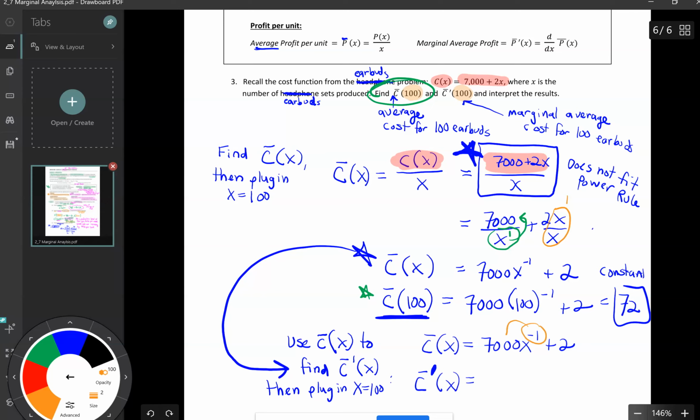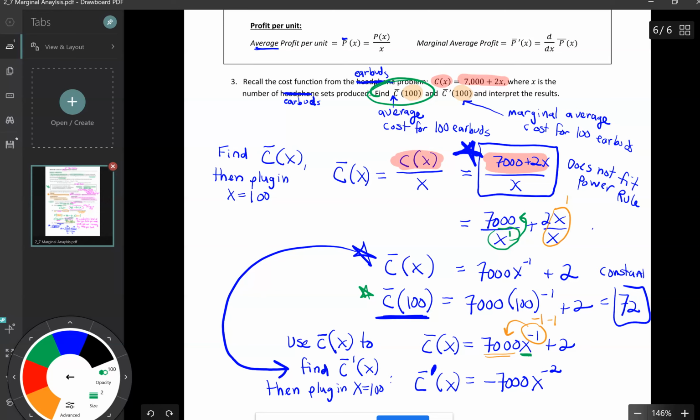I drop my exponent down. Coefficient times exponent, that's negative 7,000. Rewrite my base. -1 minus 1 would bring me to -2. And technically, I'm tacking on the derivative of the base, but the derivative of x is just 1, so we don't need to write that. Later on test 2, the base will be more complicated, but right now my base is just a plain x.